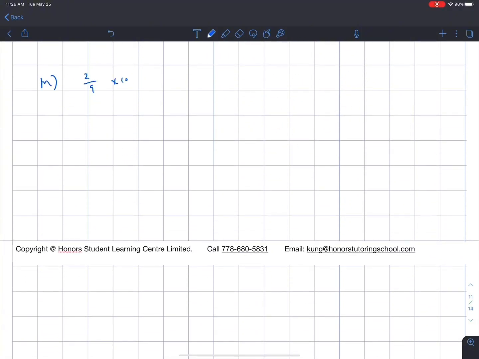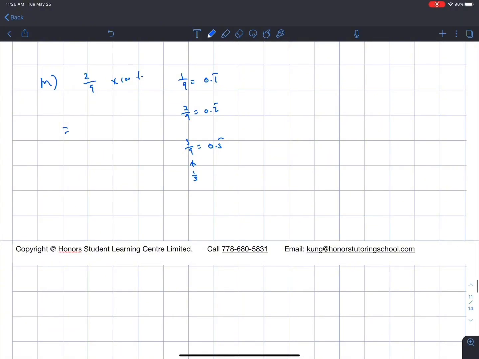Moving on to M. 2 over 9 times 100%. So one thing that I didn't tell you is, there's a trick here. Anything over 9 represents a repeating decimal. So 1 over 9 is 0.1 repeating. 2 over 9 is 0.2 repeating. 3 over 9 is 0.3 repeating. If you think about 3 over 9, this is the same as 1/3 if you simplify.